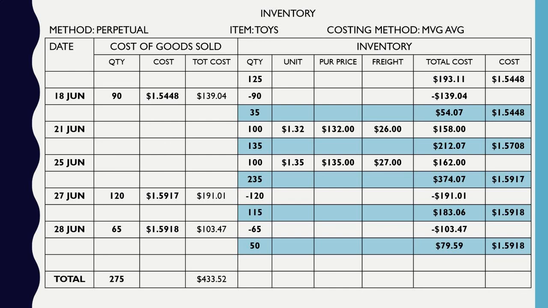For a company with all those products, it only makes sense, instead of saying this one's moving average, this one's FIFO, and that one's LIFO, to just use average costing, in this case moving average.